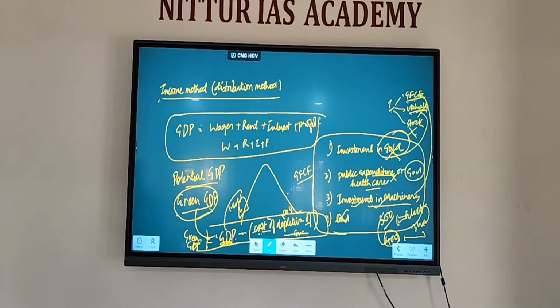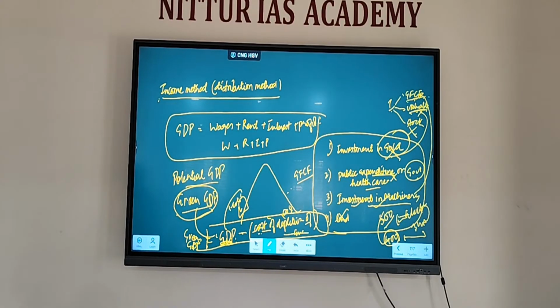GVA measures the value additions in a product, while GDP measures the value of goods and services produced.